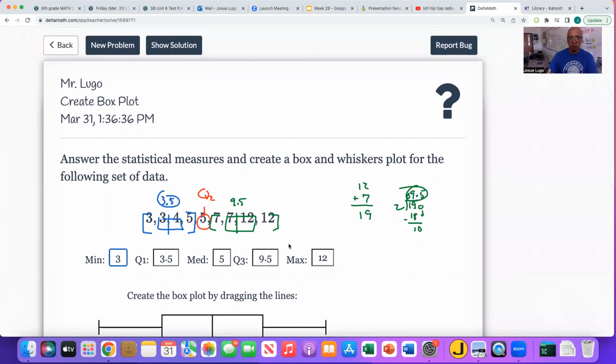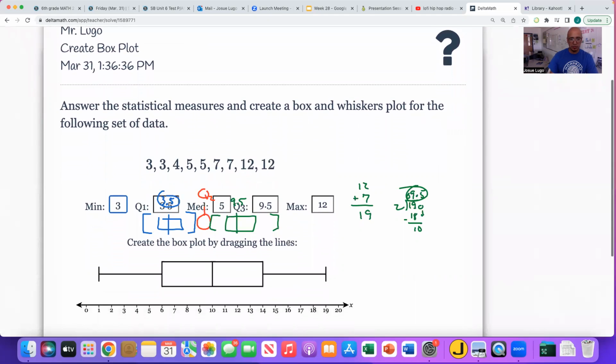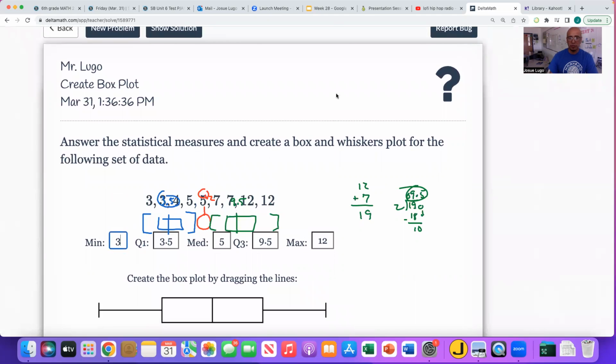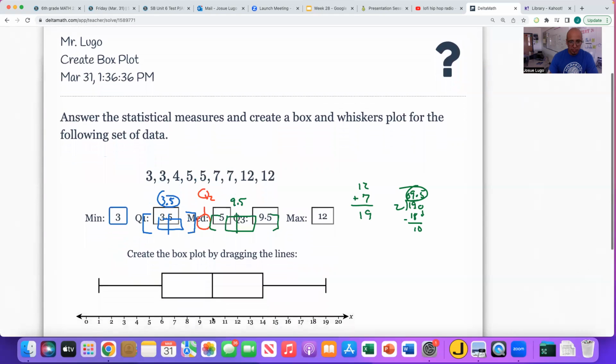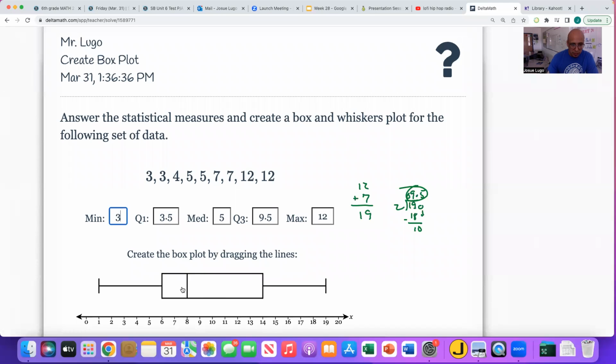I know that those are in the way now, but okay, there we go. Q2 is right at 5, so I need the median to be at 5. I need to move everything over. Very good. Q1 is at 3.5, so it's going to be right here. Q3 is at 9.5, so that should be right here. The maximum is 12. The minimum is 3.